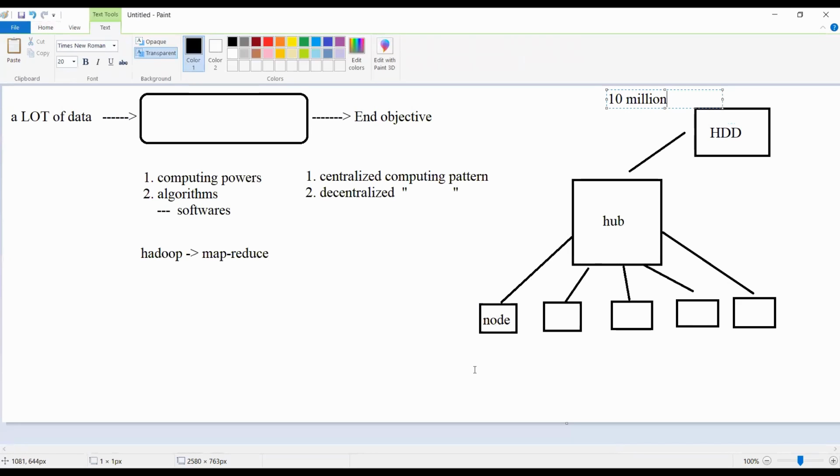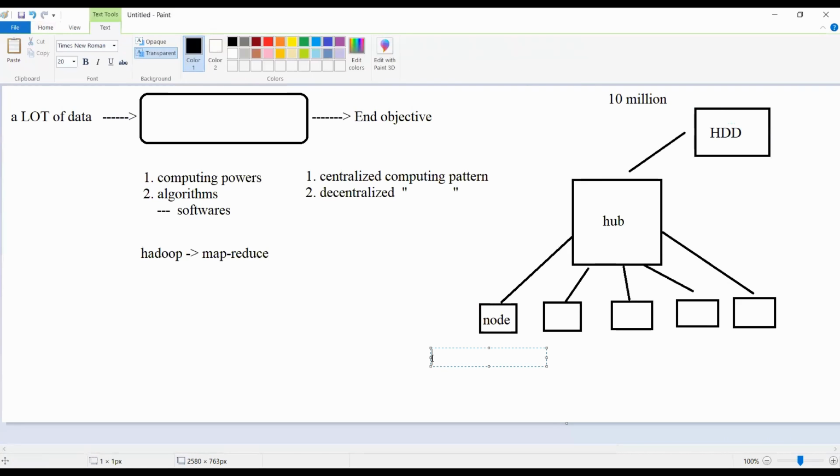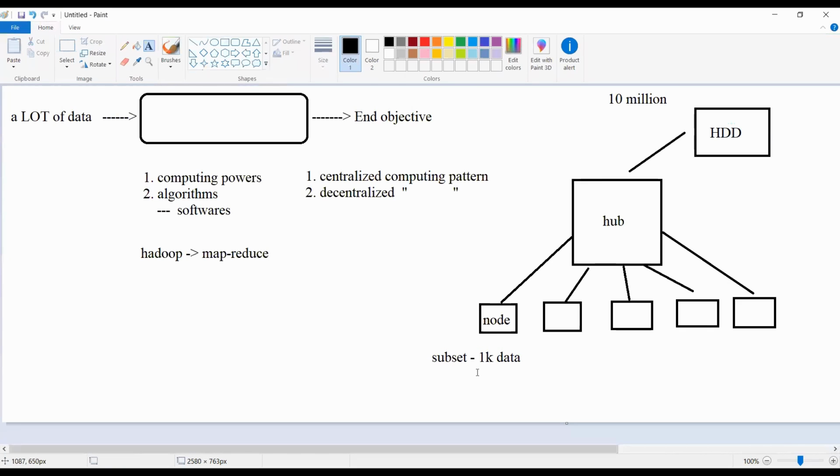That can be of a particular horse that has run on several tracks, or of different horses running on the same tracks, or a mixture of these. That depends on our real-life problem. So you will have separate copies of a subset of that data. For example, let's say just 1K data you have in a node, and you are running a small test on this particular subset.